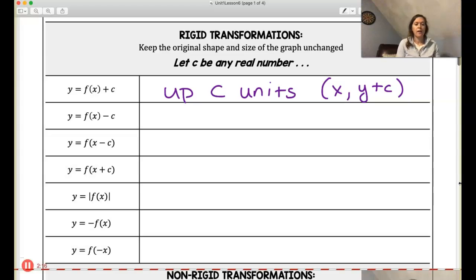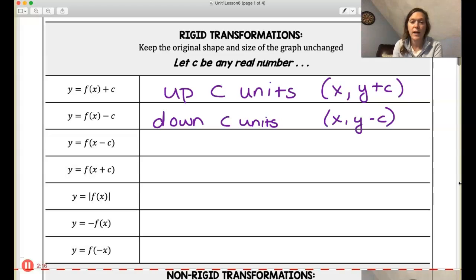For y is equal to f of x minus c, that means we're going to take it down c units. So my x again is unchanged, but for my y, we would be subtracting c from all of those.